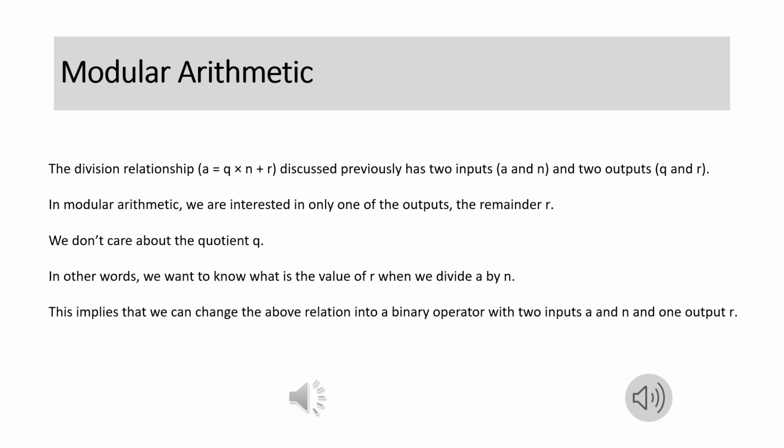In modular arithmetic, we are interested in only one of the outputs, the remainder r. We don't care about the quotient q. In other words, we want to know what is the value of r when we divide a by n. This implies that we can change the above relation into a binary operator with two inputs a and n and one output r.